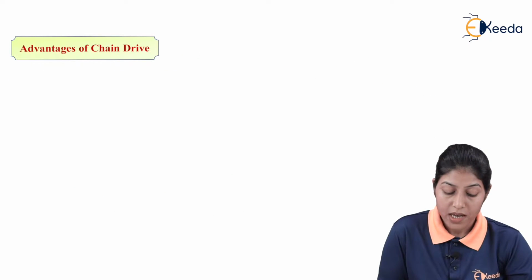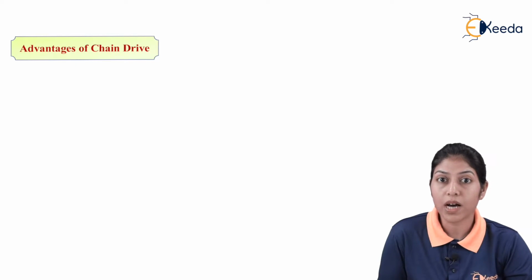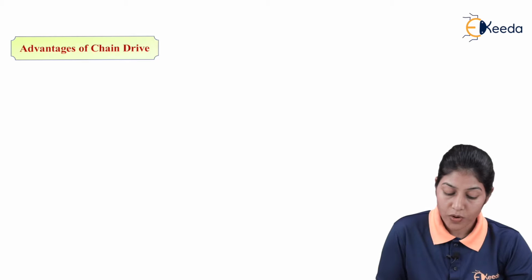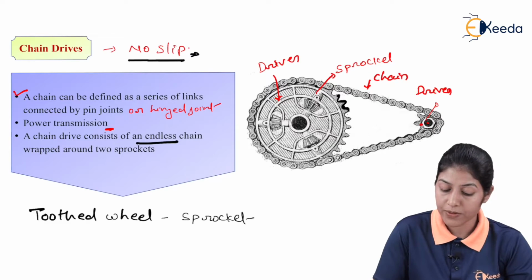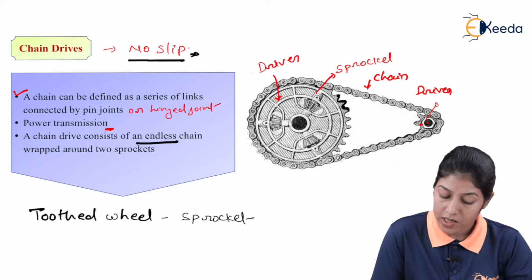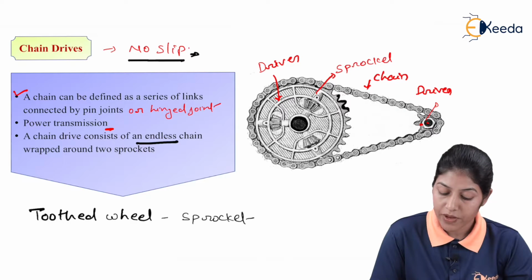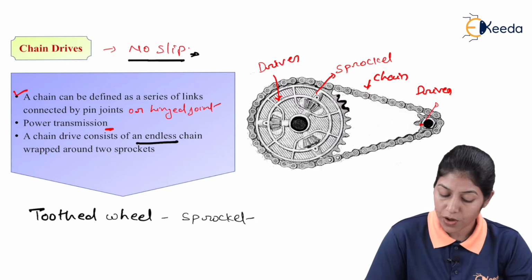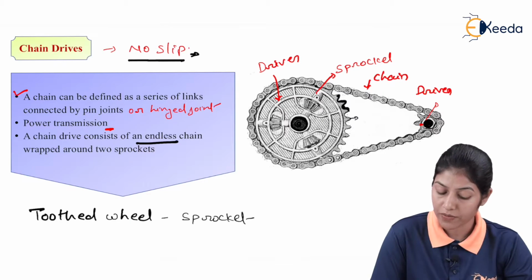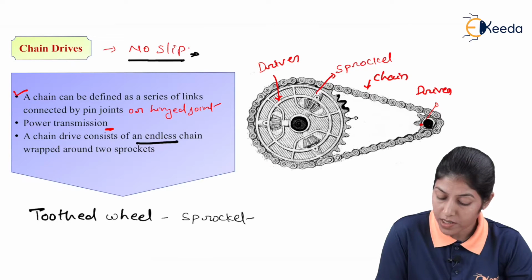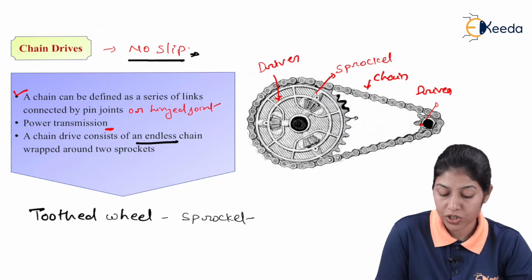Now let us see how this chain drive is advantageous compared to other types of drive. As we have seen, this is our driving shaft and this is our driven shaft. A sprocket is connected to the driving shaft, that is called the driver, and this sprocket is connected with the driven shaft.